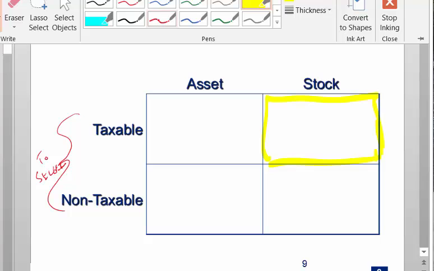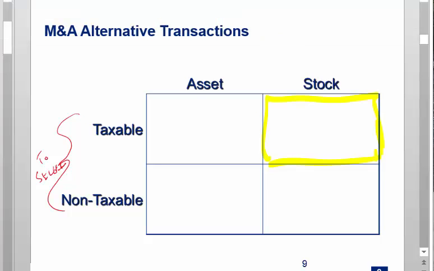And the reason is in order to end up in the category where it's non-taxable, you have to use a significant amount, and sometimes, depending on the structure of the acquisition, the entire purchase price has to be buyer equity.